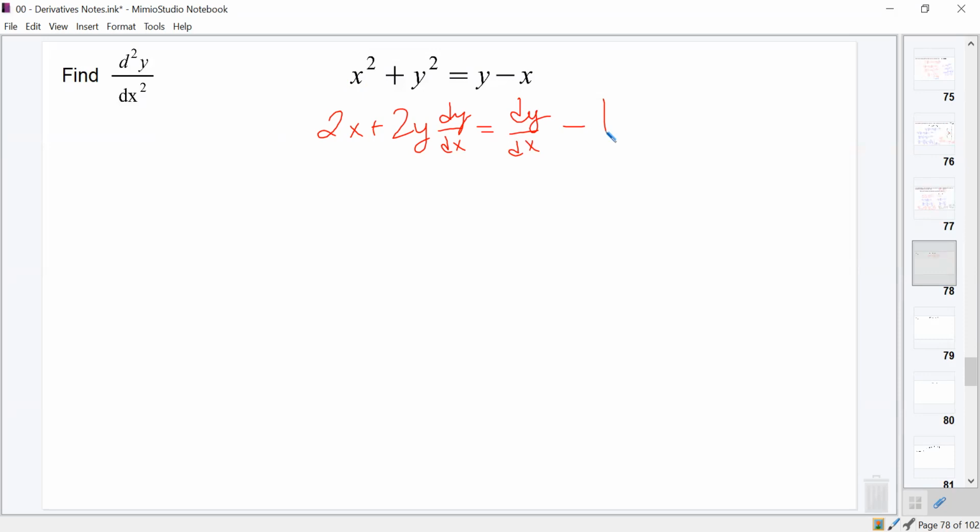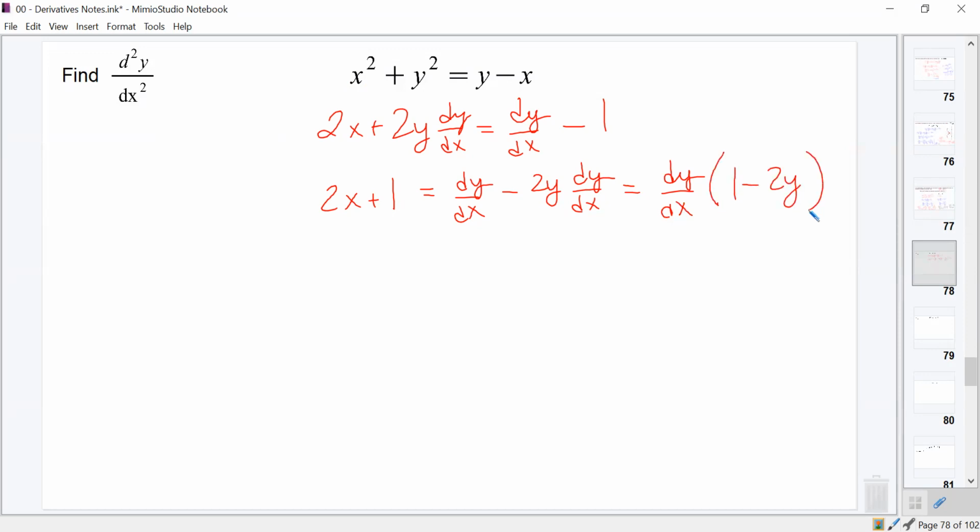And we'll solve this for dy/dx. So let's add the 1 to this side, just to keep that positive. And then we'll have dy/dx minus 2y dy/dx, which we'll factor that dy/dx out, leaving us with 1 minus 2y there.